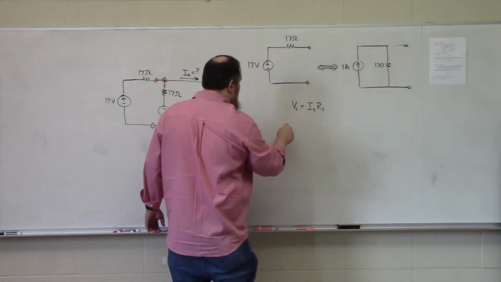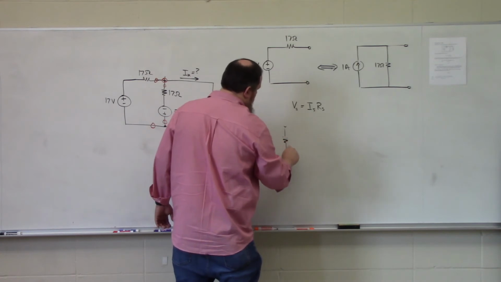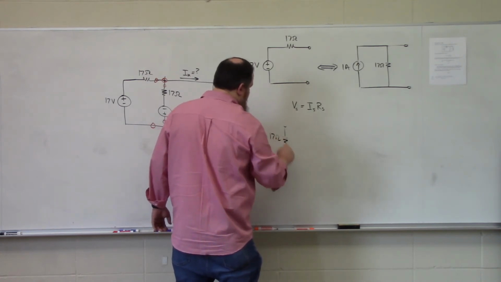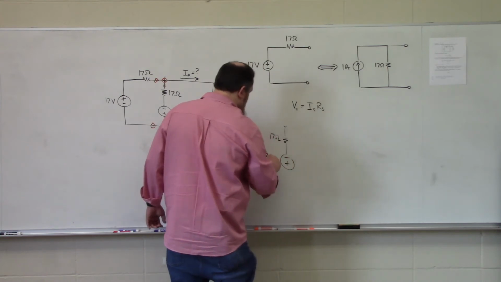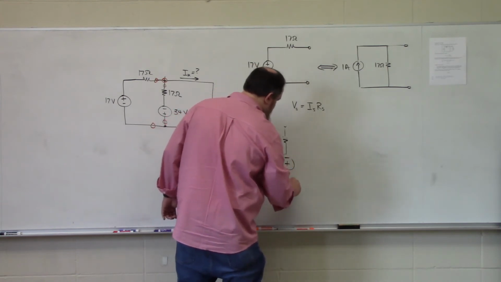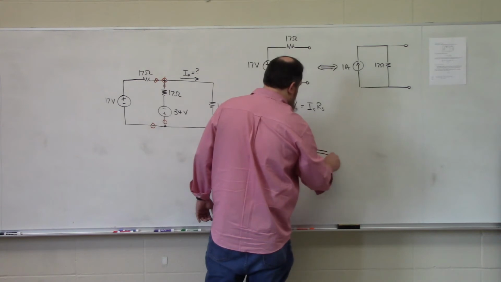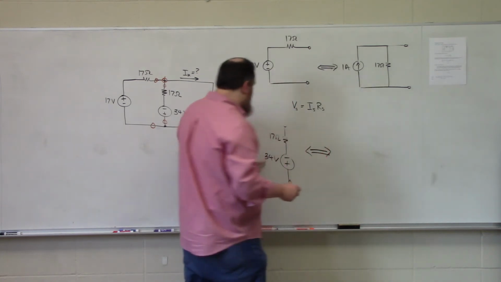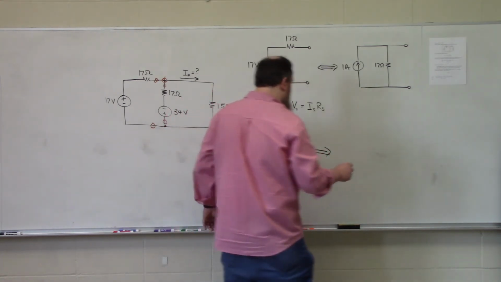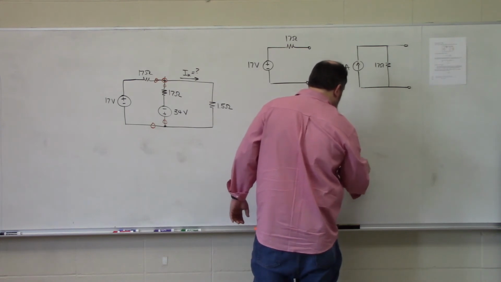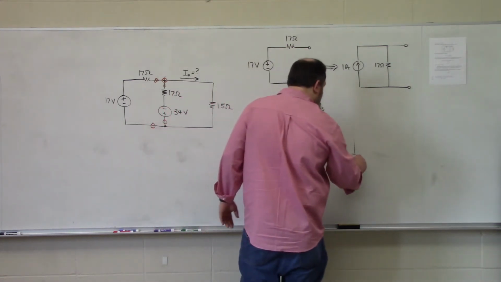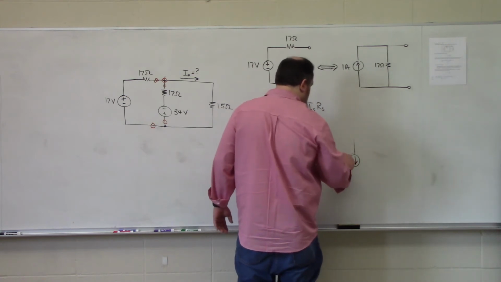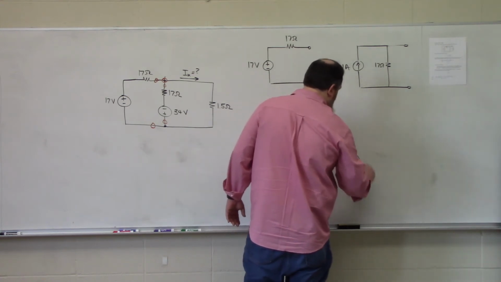And here I have a 17 ohm resistor and a 34 volt source. So this has an electrical equivalent of 34 divided by 17, which gives me 2 amps. Since the positive polarity terminal is on bottom, my arrow will be down.